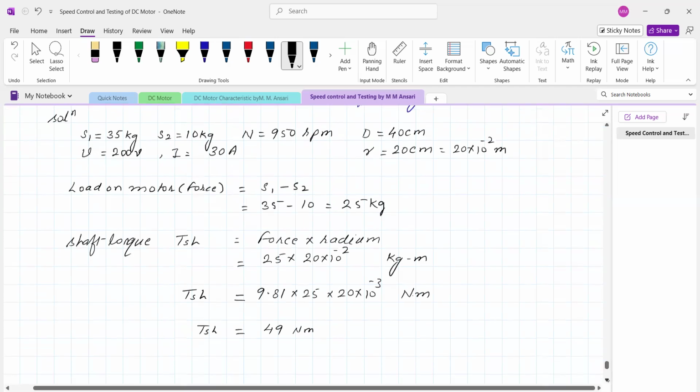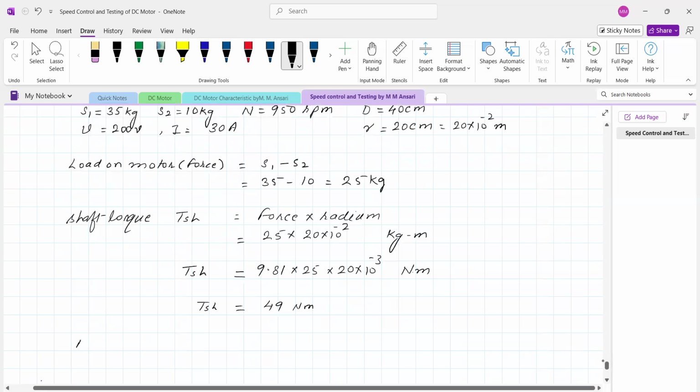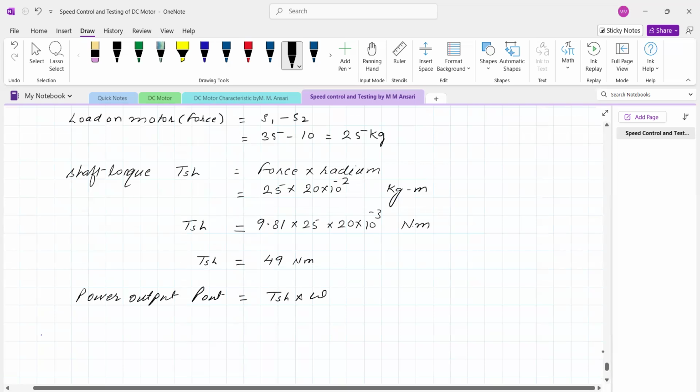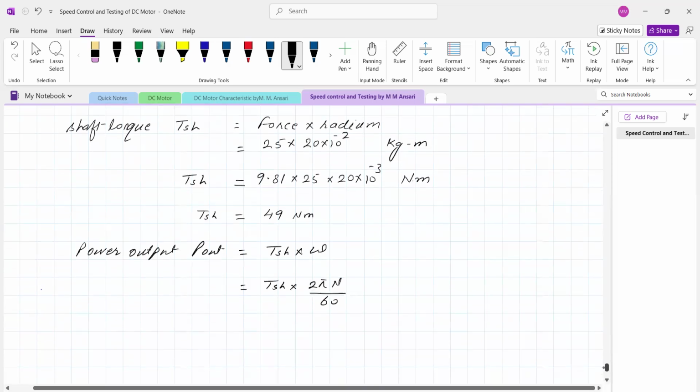Okay. Now power output, P out is equal to TSH into omega, where omega is the angular velocity. So it is equal to TSH into 2 pi N upon 60, as speed is given in RPM.